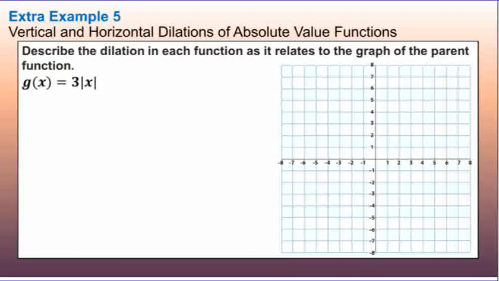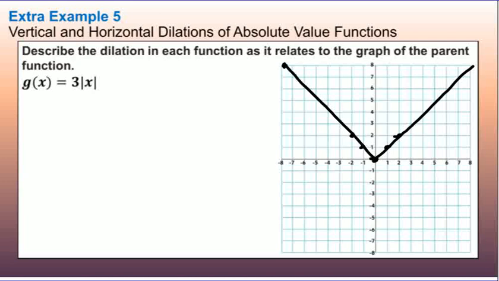Next, describe the dilation in each function as it relates to the graph of the parent function. For this one, we're going to actually graph it as well. So let's do the parent function first. The parent function is at 0, 1, 1, 2, 2, and so forth. So there's the parent function.